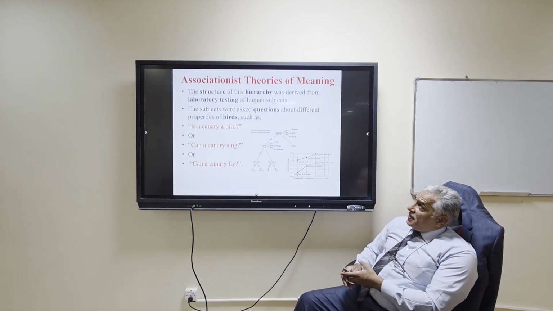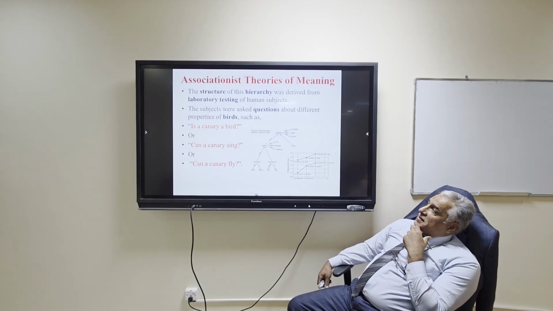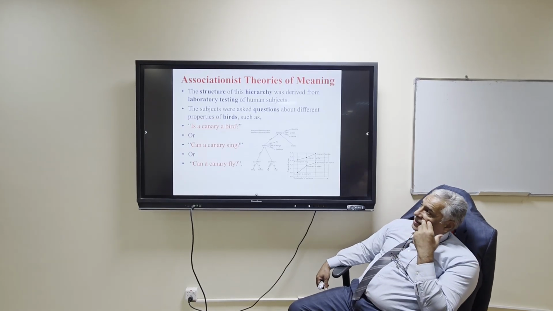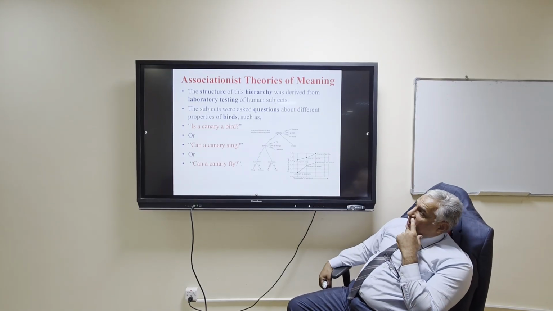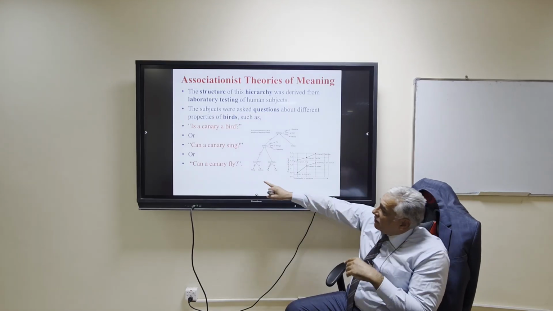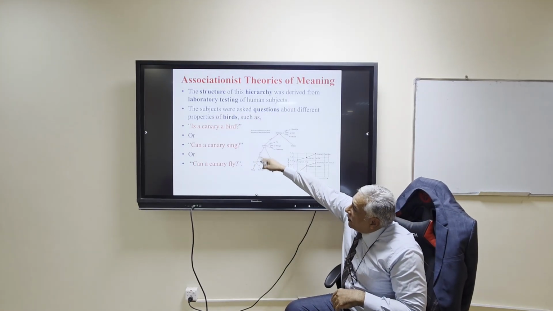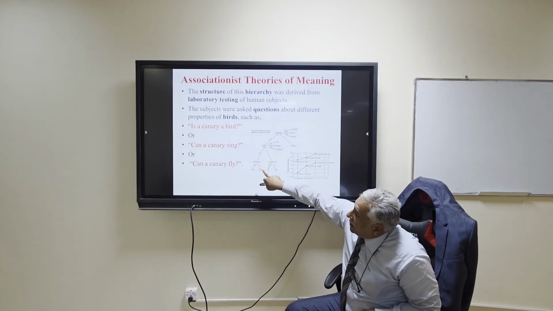The structure of this hierarchy was derived from laboratory testing of human subjects. The subjects were asked questions about different properties of the bird, such as: is a canary a bird? Can a canary sing?